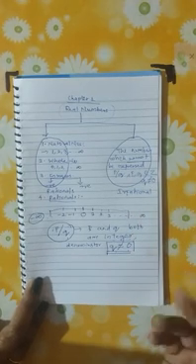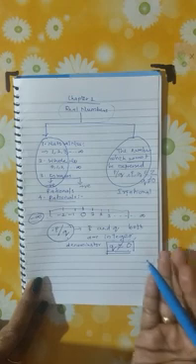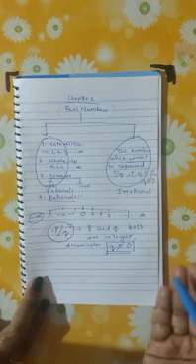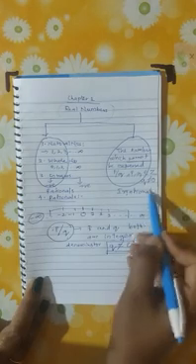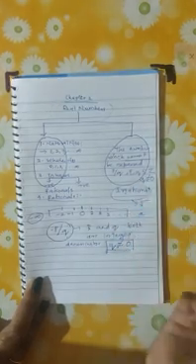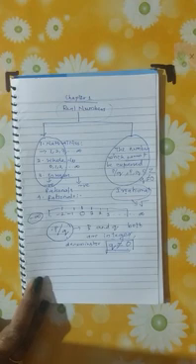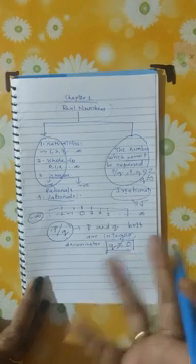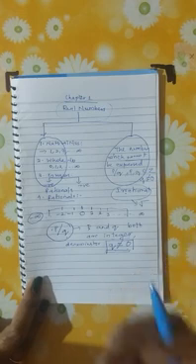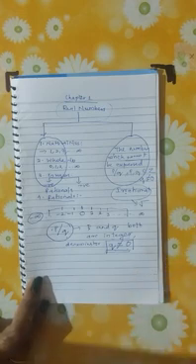So how can you differentiate between rational and irrational numbers? The simple way of identifying irrational numbers is that irrational numbers are always under a root, right? So all the numbers which come under roots, if I am saying root 2, root 3, root 5, root 6, root 7, etc., they all are nothing but irrational numbers.